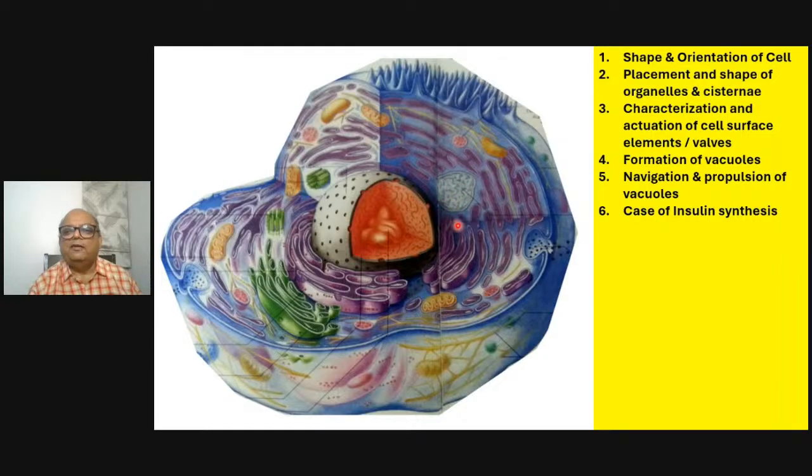That bubble moves in the direction of the food vacuole by the shortest possible path. So obviously there is some skeletal member which is passing through both. It knows the cistern also, and depending on the tension required, it is propelling the vacuole as well as this vesicle of lysosome.